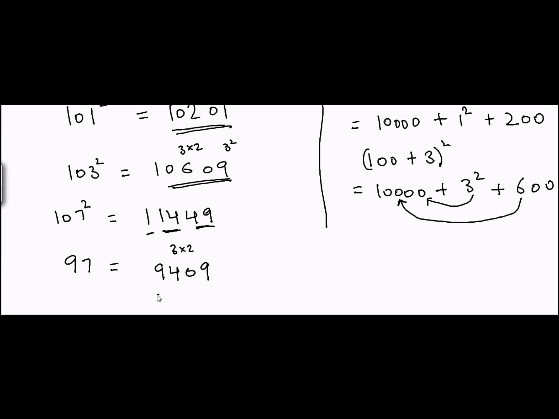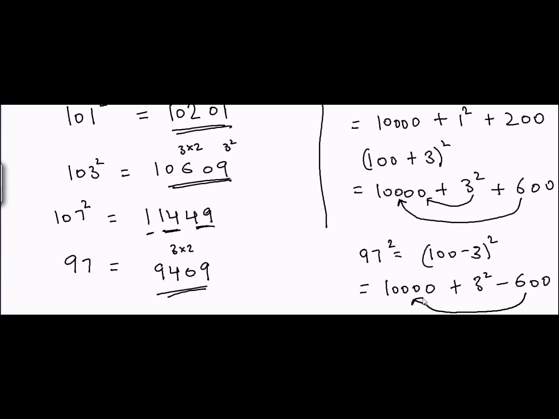Again we can look at it here. It says 97 square is equal to 100 minus 3 whole square, right? And that will be equal to 10,000 plus 3 square minus 600. So here now we are subtracting the 6 from the 100 and then adding 3 square to that, and that's what I've done here.